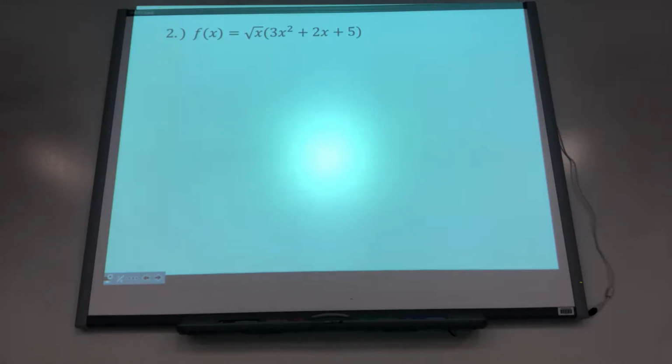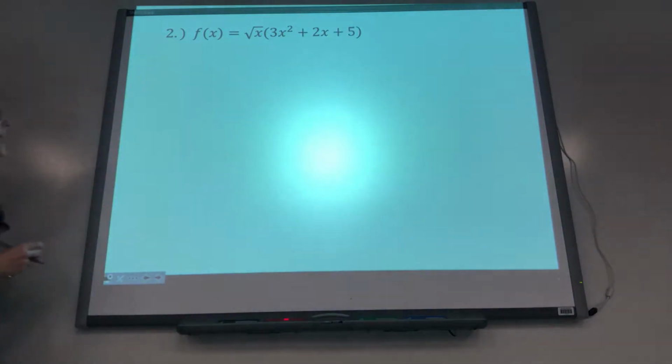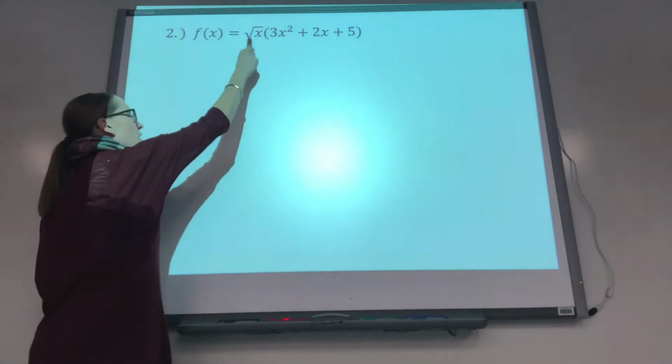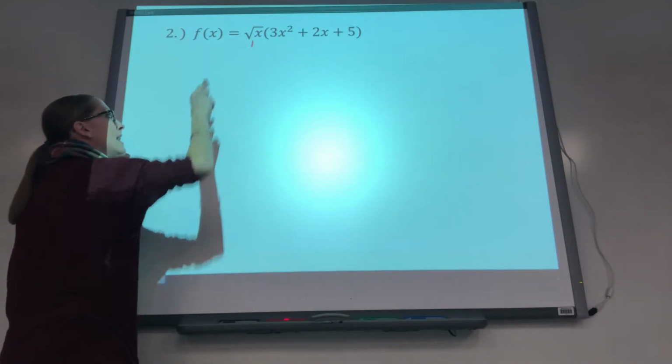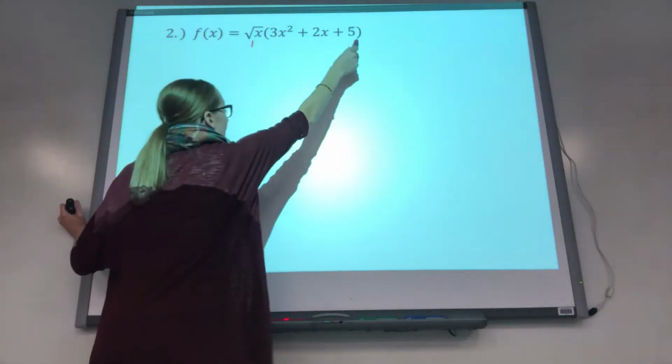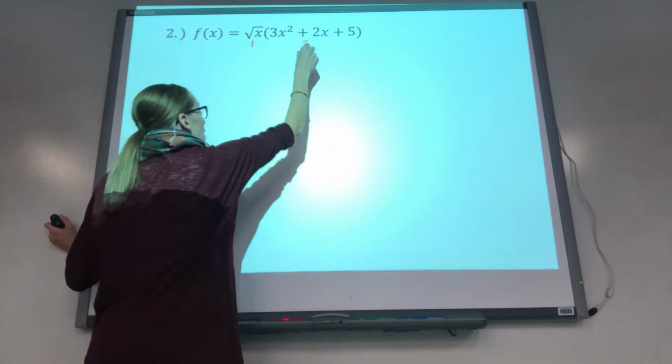Now, here comes example 2. f of x equals the square root of x times the quantity 3x squared plus 2x plus 5. Well, product rule. You've got something with x, this will be our 1, times something with x.